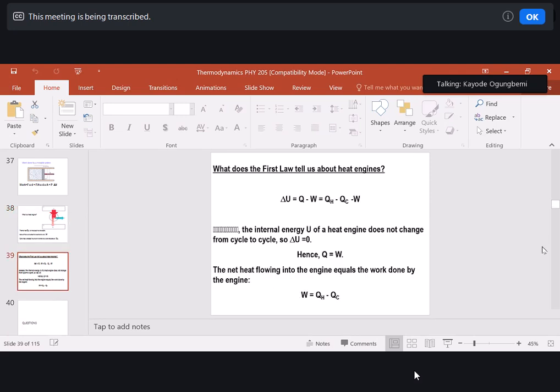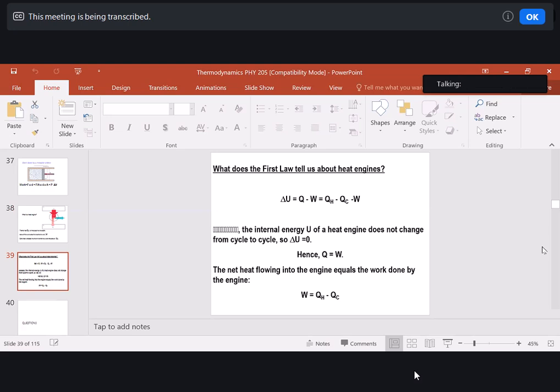That will give us delta U. So the internal energy of the engine does not change from cycle to cycle. The internal energy of the engine remains constant. Delta U equals 0. Hence, Q equals W.